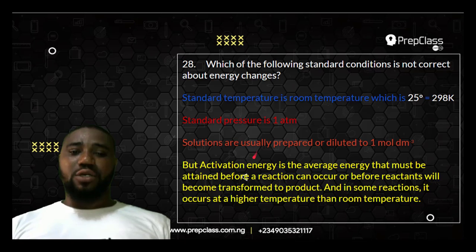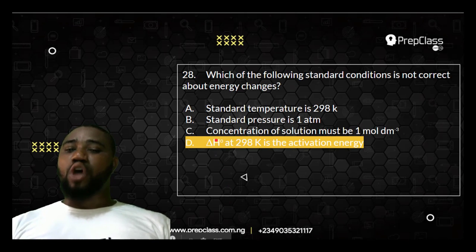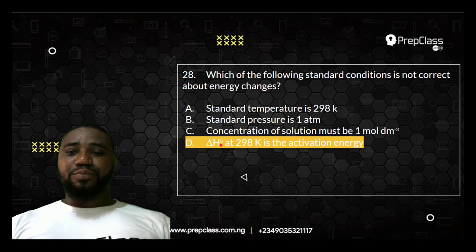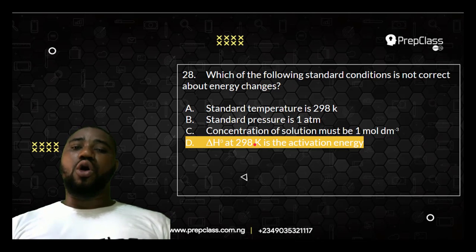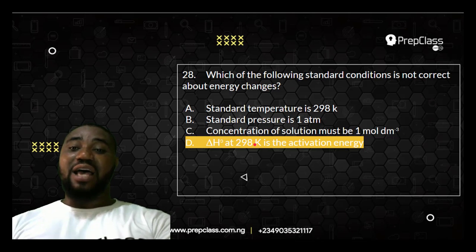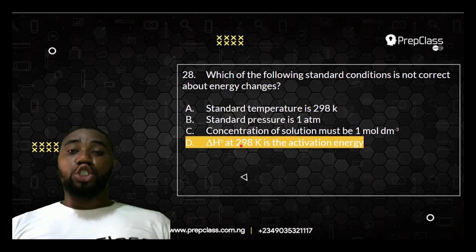Because of that, option D is wrong. Are you following? So the correct answer here is option D: saying that most reactions reach activation energy at room temperature is completely wrong. Option D is the statement that is not correct, and according to the question, it is the answer to choose.